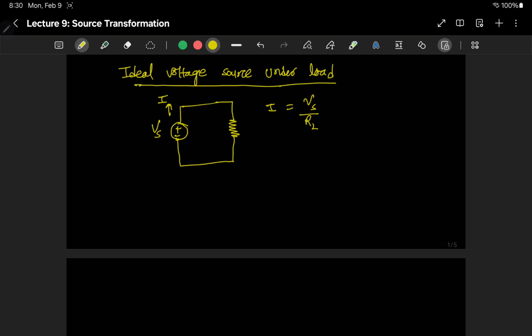Okay, so let's say this RL load resistor was shorted.